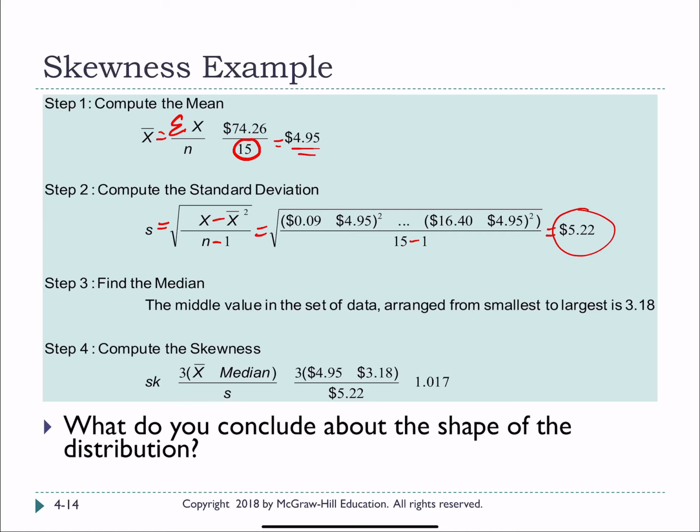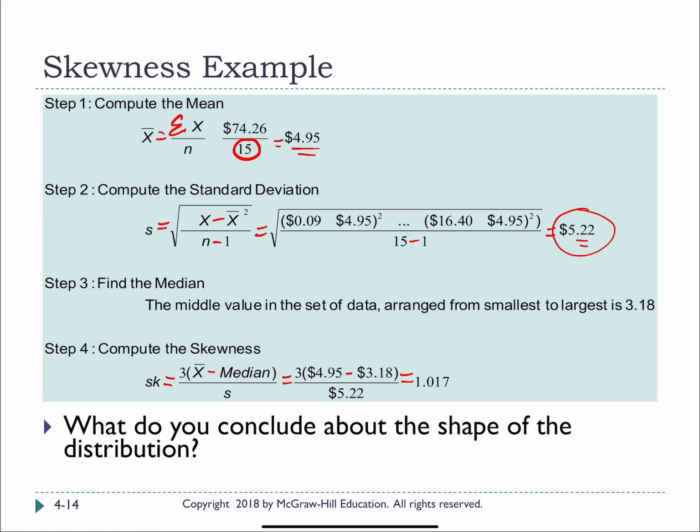So now that I know my standard deviation, I can compute my skewness. It equals 3 times x bar minus the median, divided by s. So again, our mean was 4.95. We find our median value by looking in the middle. It's 3.18. We divide by this standard deviation that we just calculated of 5.22.